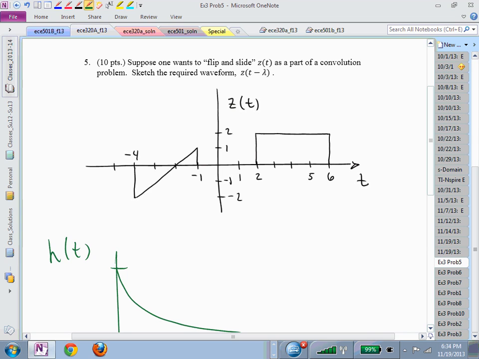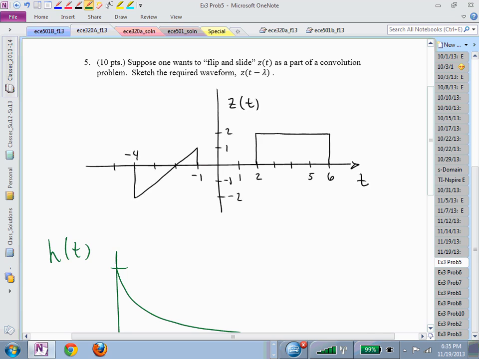You would probably feel more comfortable if I erase this part of the diagram, wouldn't you? Then I would wait 2 seconds and then hit the system. If I erased all of this negative time part of z of t, let's just talk about that now. Now I hit the system at 2. When are you going to start seeing something at the output? At 2, aren't you?